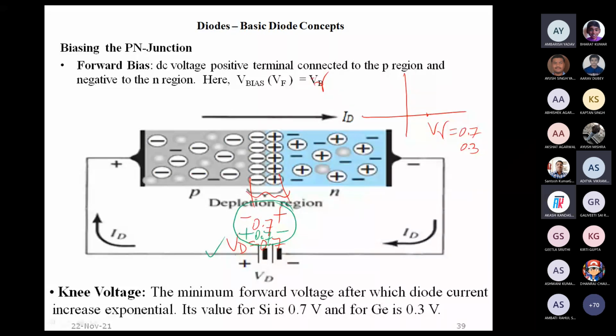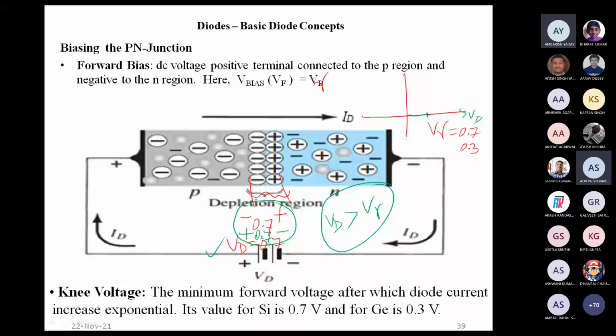So this is what we represent here: up to this knee voltage or potential barrier, we don't see any current. We have to apply that much to overcome the internal field effect. And after that, whatever extra voltage we apply beyond this will make the carriers conduct.